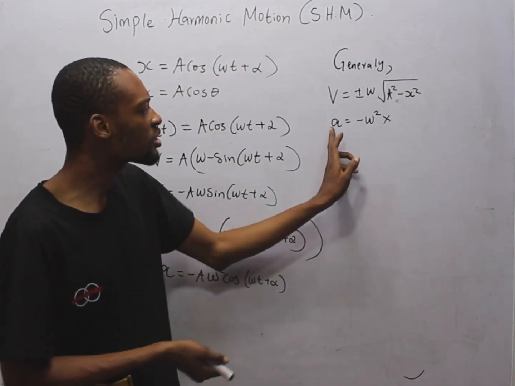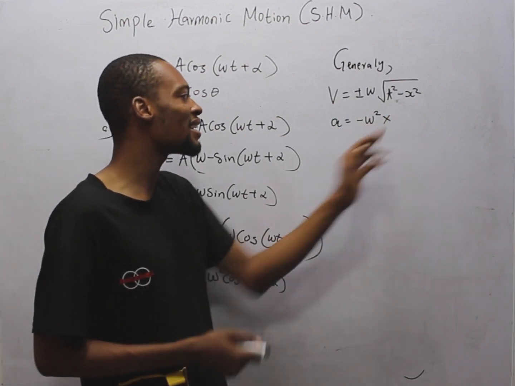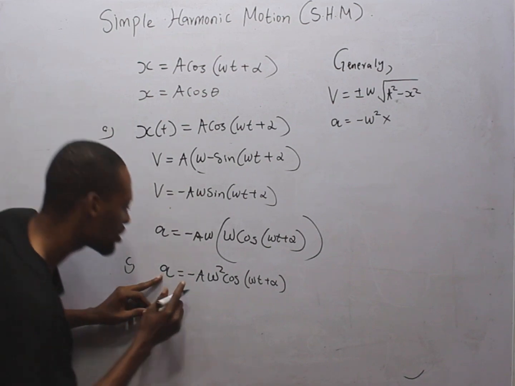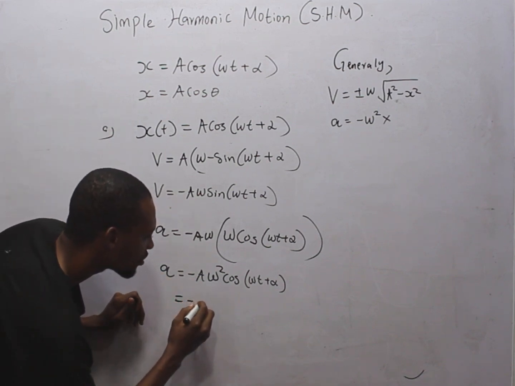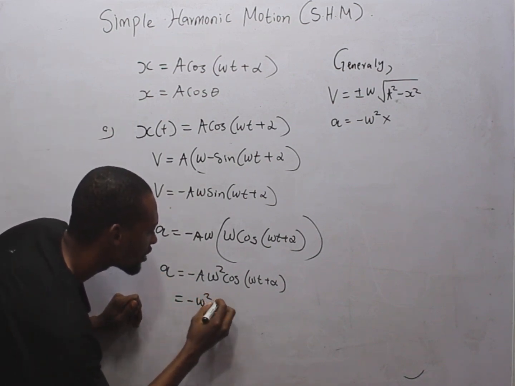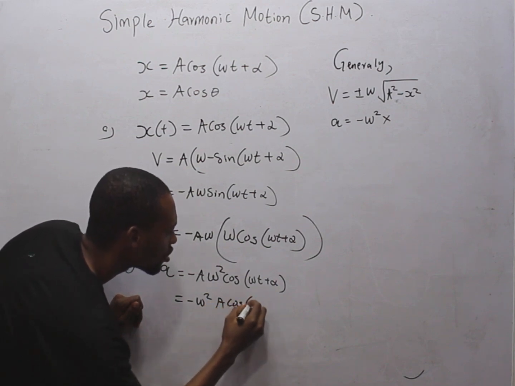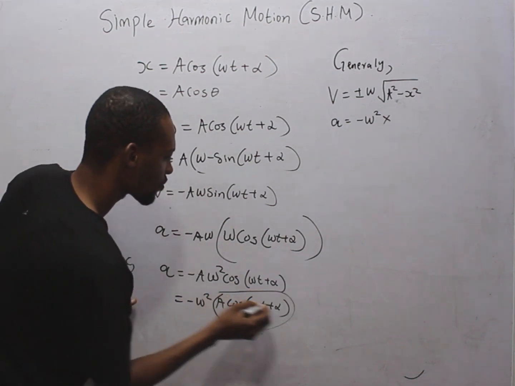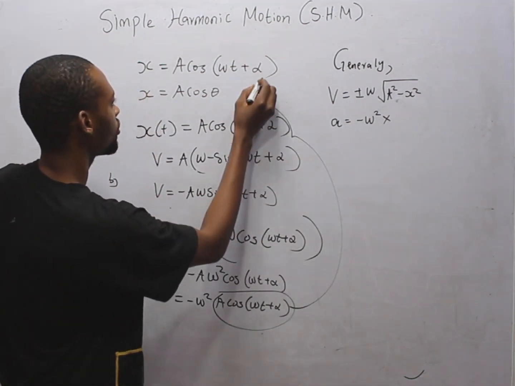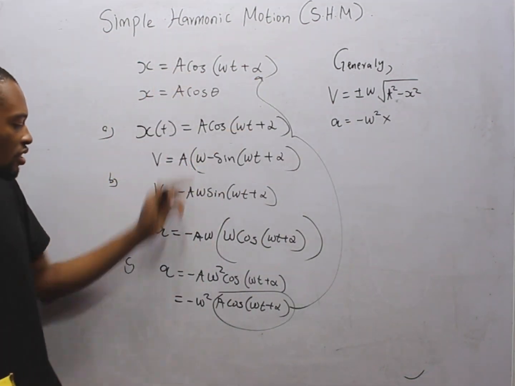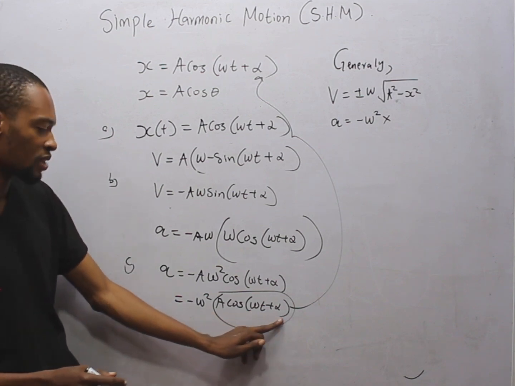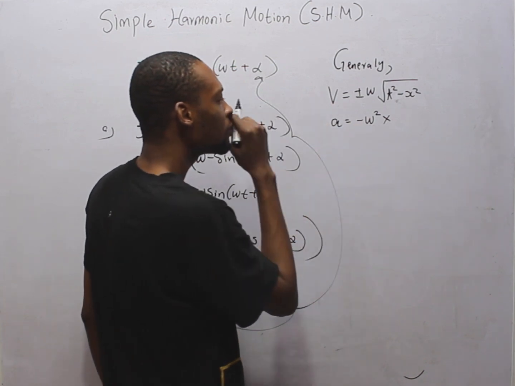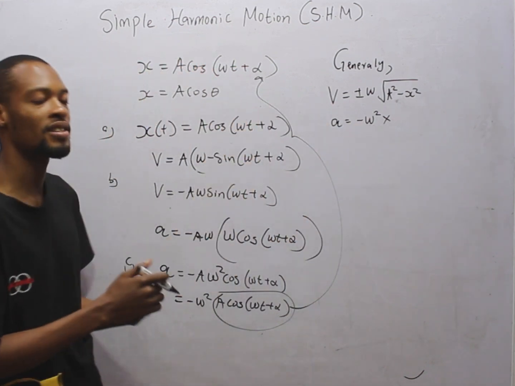Similarly, acceleration equals minus W squared S, where, look at this, rearranging this acceleration, you have minus W squared A cos(Wt + alpha). Now compare this to this, or to this. They are the same, right? So therefore, A cos(Wt + alpha) equals S, making acceleration equal to minus W squared S.